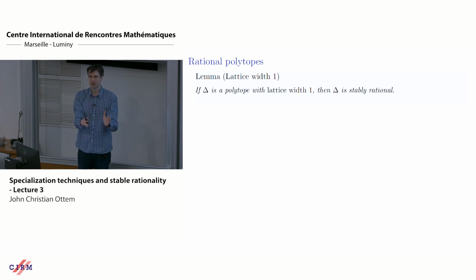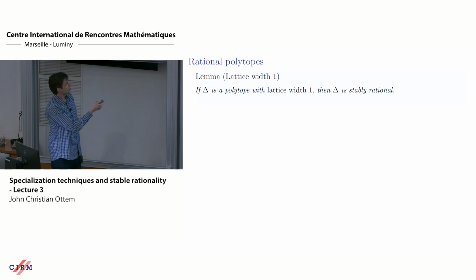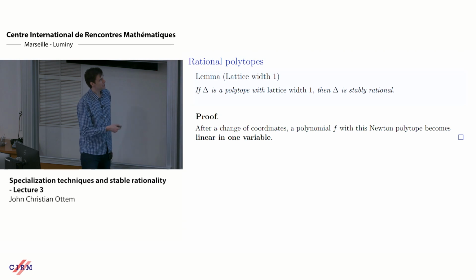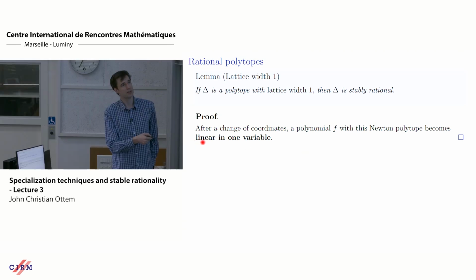You have a hyperplane here, a hyperplane there at distance 1, and you can fit the polytope between these 2 hyperplanes. If you have a small polytope like that, then it's stably rational. This is a very basic observation, but it's because the equation really is linear in one of the variables.